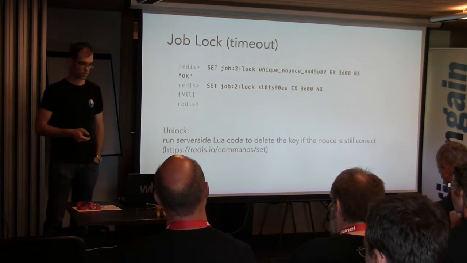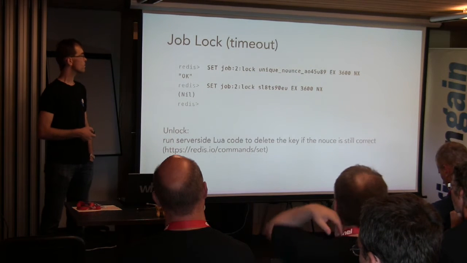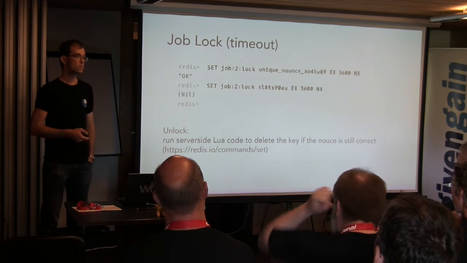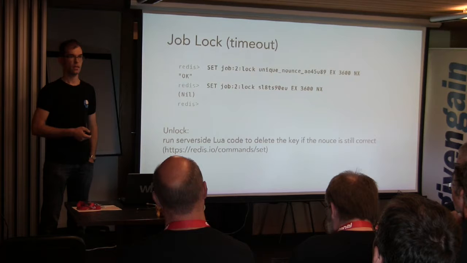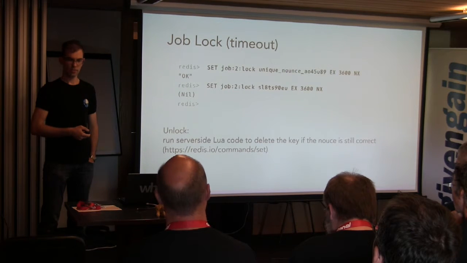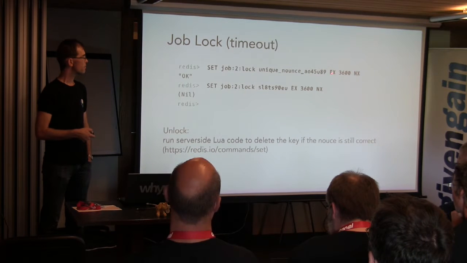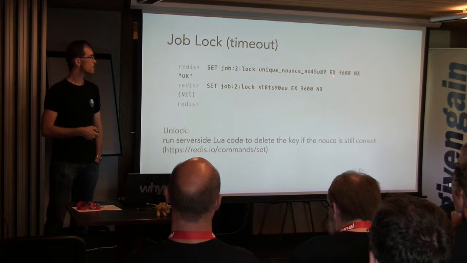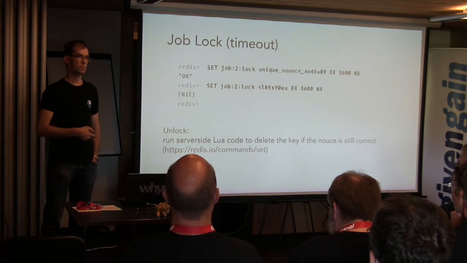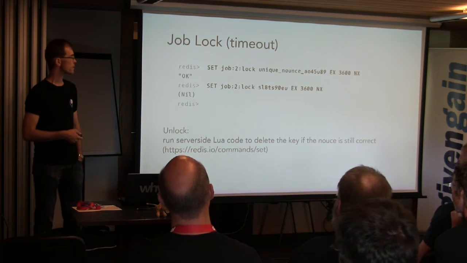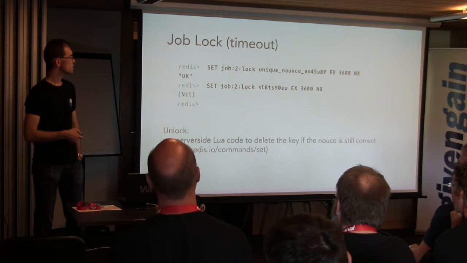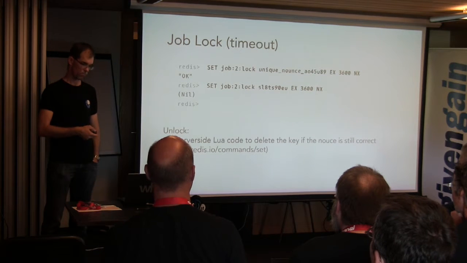A more advanced version of a Redis lock works with a timeout. You maybe don't know if the worker crashes somewhere in between, so you have another argument to the SET command, which is EX for expiry, which allows you to set an expiration period to the value.